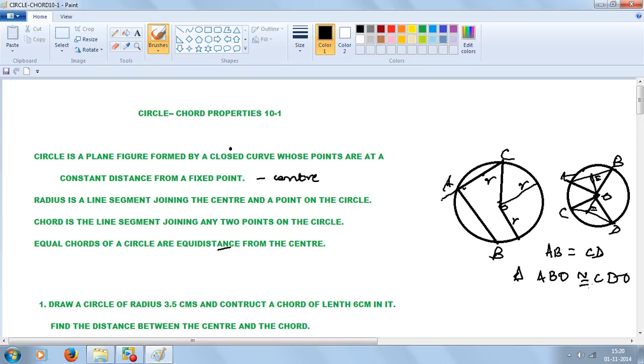So they are congruent. How? AB is equal to CD. All the other sides, BO, OC, these are equal to the radius. So these two triangles are congruent.